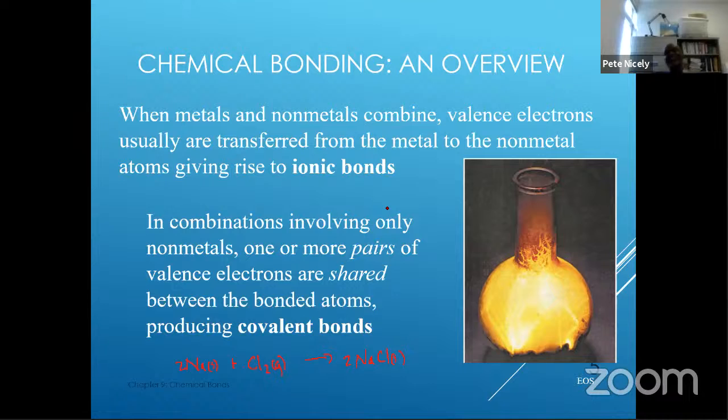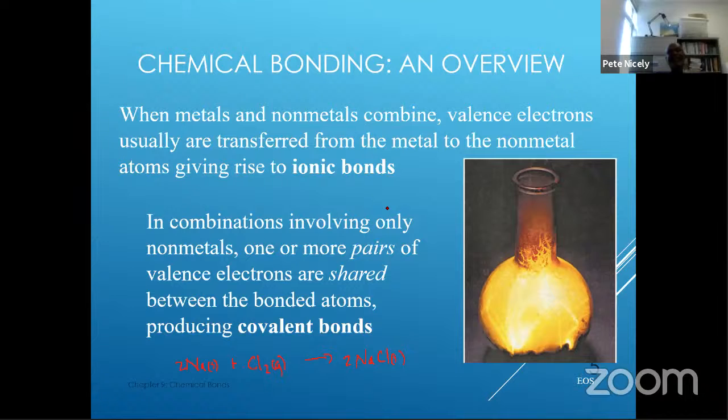Once the reaction is completed and the heat subsides, what you'll see at the bottom of the flask are crystals of sodium chloride, all right? So in the case of sodium chloride being formed, electrons are transferred from the sodium atom, which is the metal, to the chlorine atoms, which are the nonmetal, to form sodium chloride.